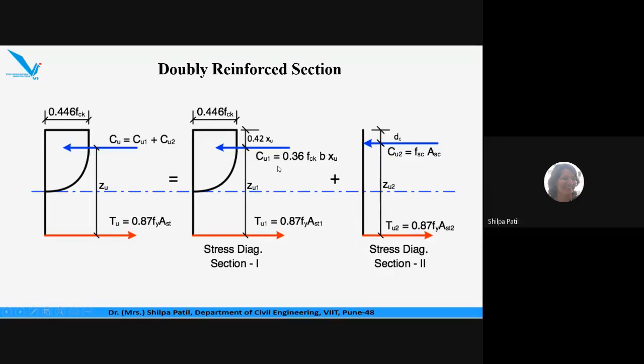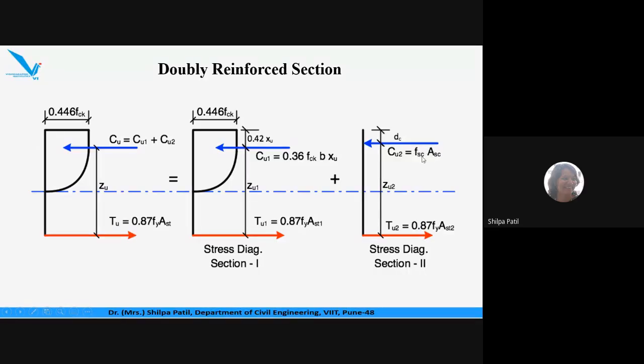So Cu1, as the force of compression is developed due to concrete, its expression will remain the same, that is 0.36 fck b into xu. But Cu2 is the force of compression developed by the steel present in the compression zone, so it will be the stress in the steel multiplied by the area of steel in compression.